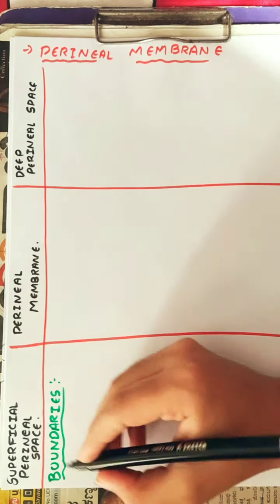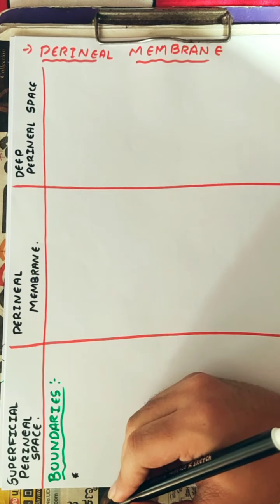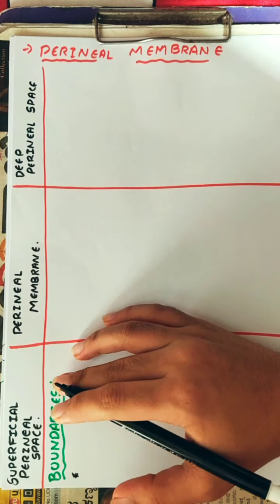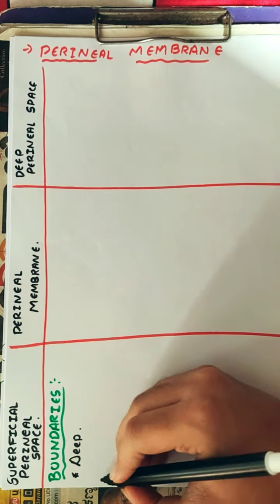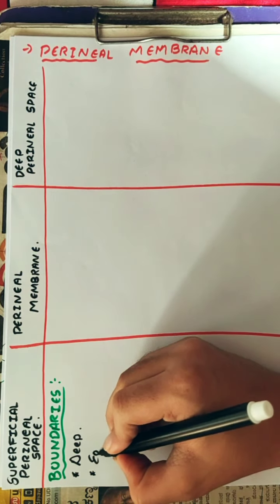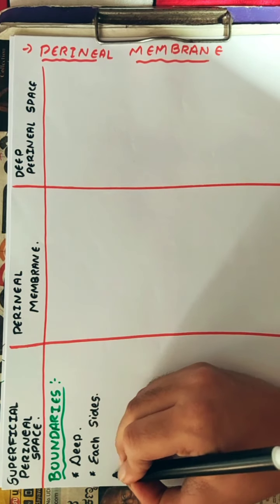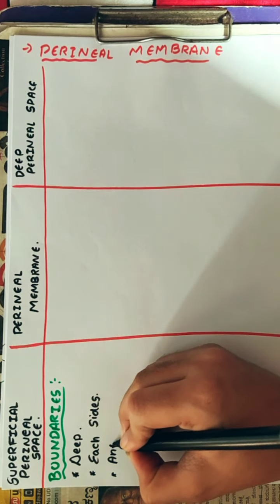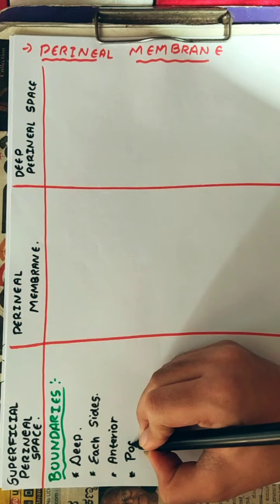So there are boundaries present on the deep, on each side, on the anterior, and on the posterior.